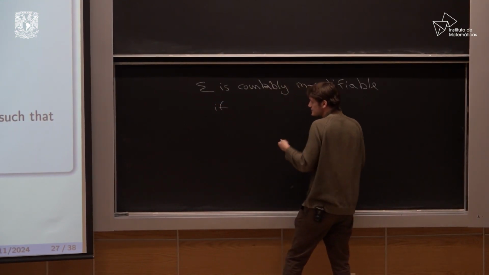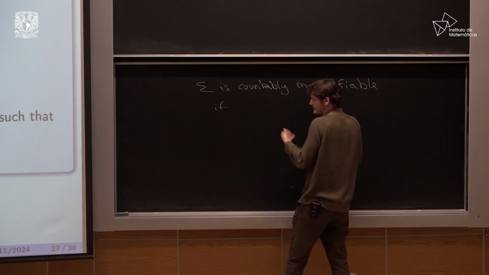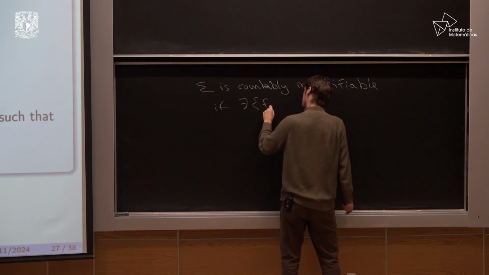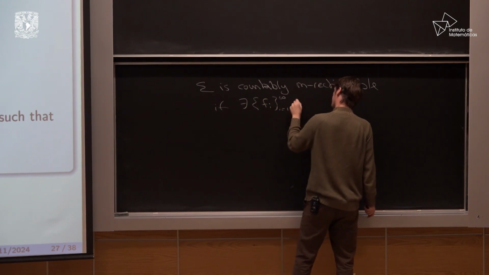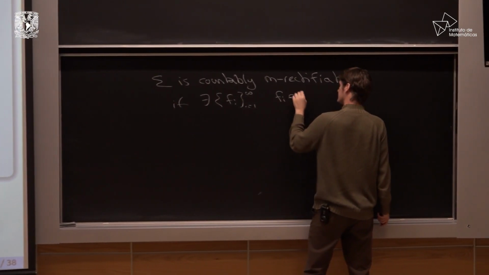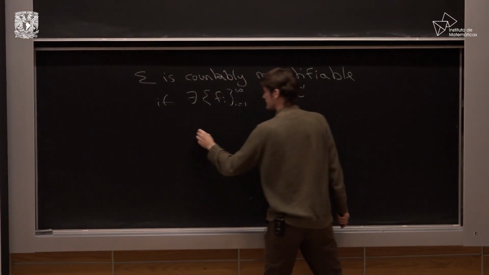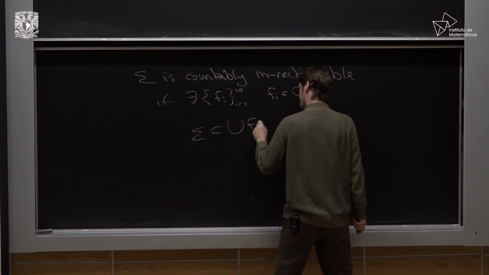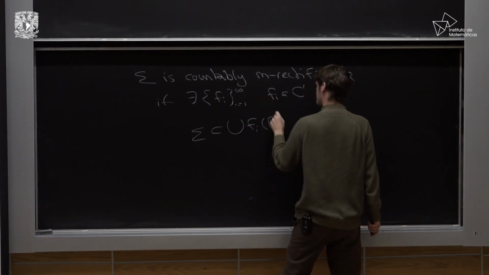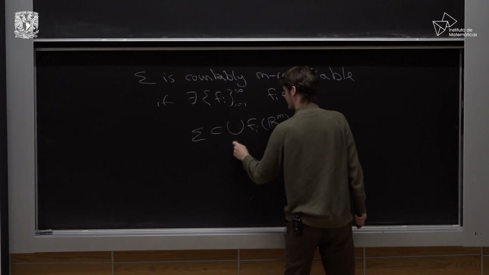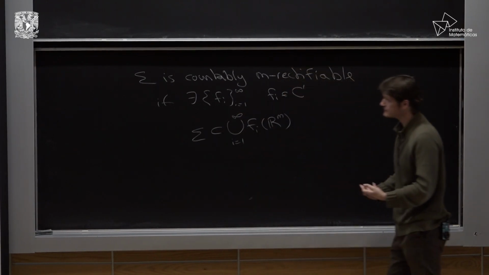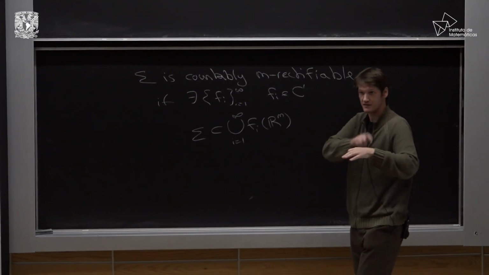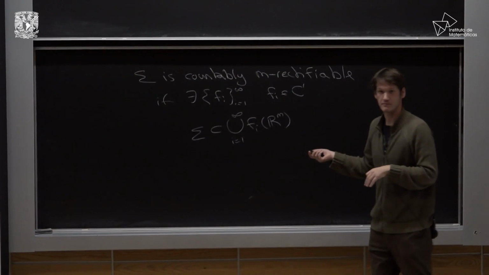Well, if there exists some countable class of maps F_i, right, which are C1, such that sigma is merely contained in the union of the F_i, I'm doing m-dimensional, right? So to be an m-rectifiable set, you just have to be a subset of some countable union of C1 images of R^n, right?